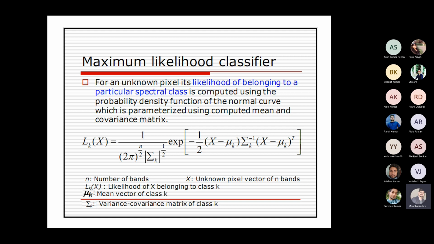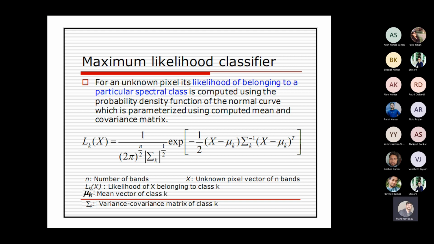So in this query, k is the representation of class in L_k(x). To calculate this parameter L, we consider the mean value and variance covariance matrix from the kth class.